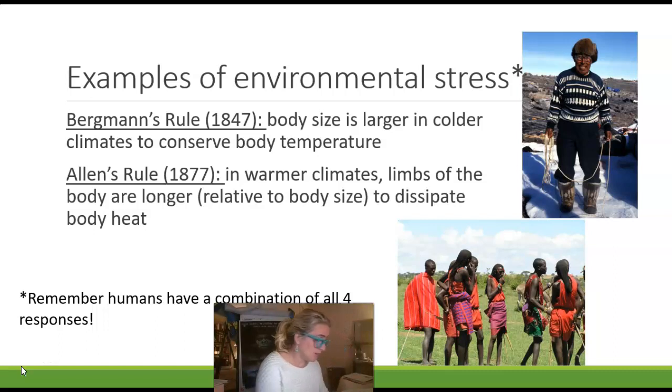Allen's rule is another observation that came a little bit later by an American biologist, and he took this idea even further and said that if you look in warmer climates, warm-blooded animals will also have limbs that are longer relative to body size, to help dissipate body heat, than warm-blooded animals in cold climates. So again, think about this. You're in a very hot climate.